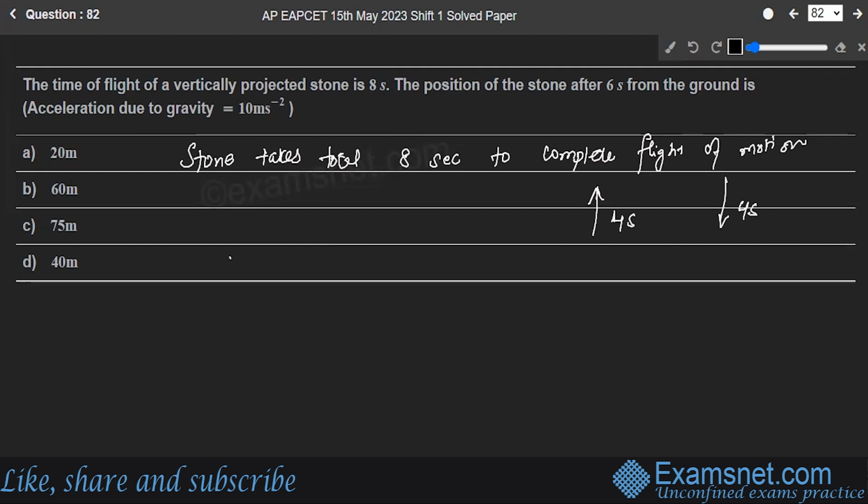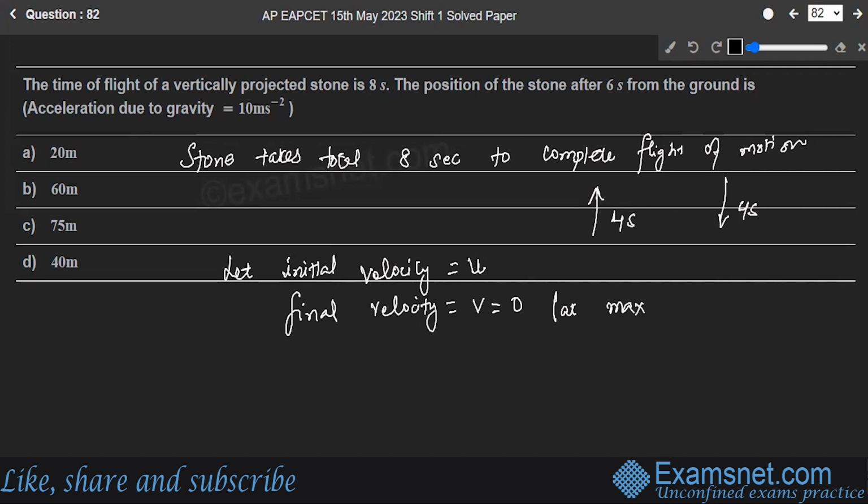Let the initial velocity be u. Because it is reaching maximum height, the final velocity is equal to 0. At maximum height, the velocity is equal to 0.